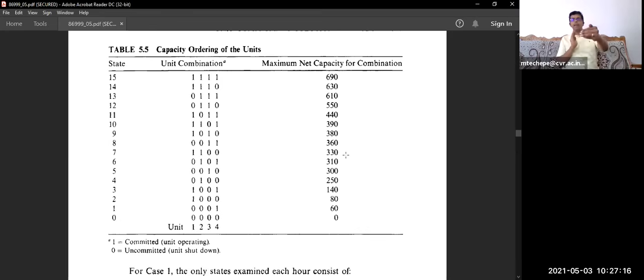It might have four or five generators, 200 into 5, that is 1000 megawatt.